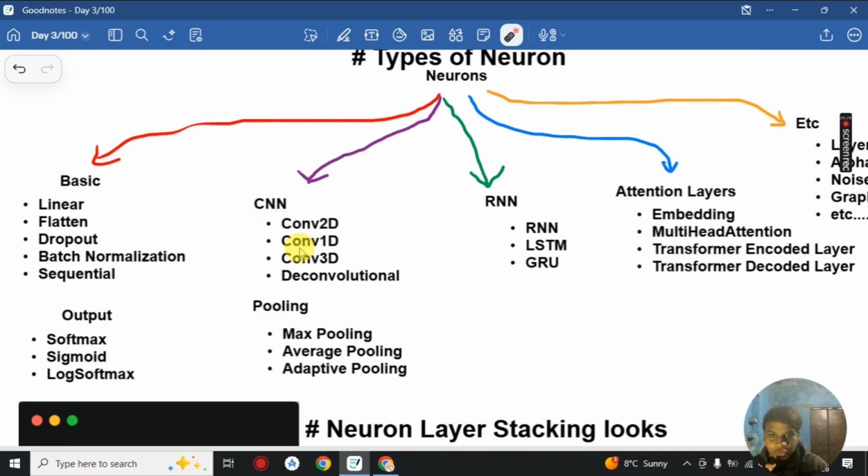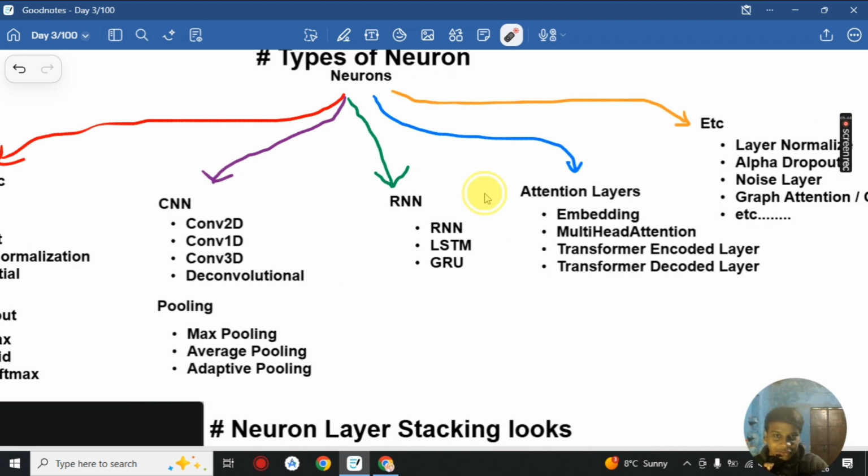We have the one dimensional convolution, then the 2 dimensional one for pictures, and the 3D one for video, and we also have the deconvolutional neural network. Then for sequential data we have the RNN, the LSTM and the GRU, which are helpful for problems where the order of the sequence matters.